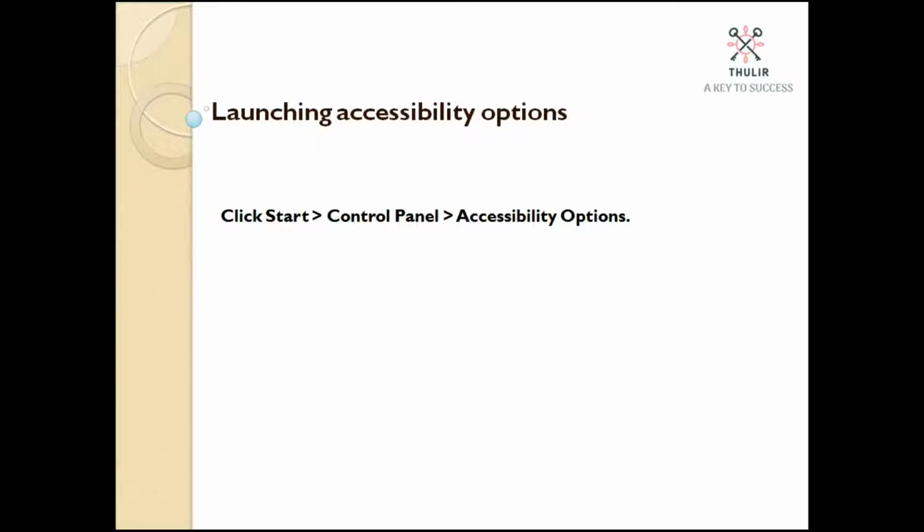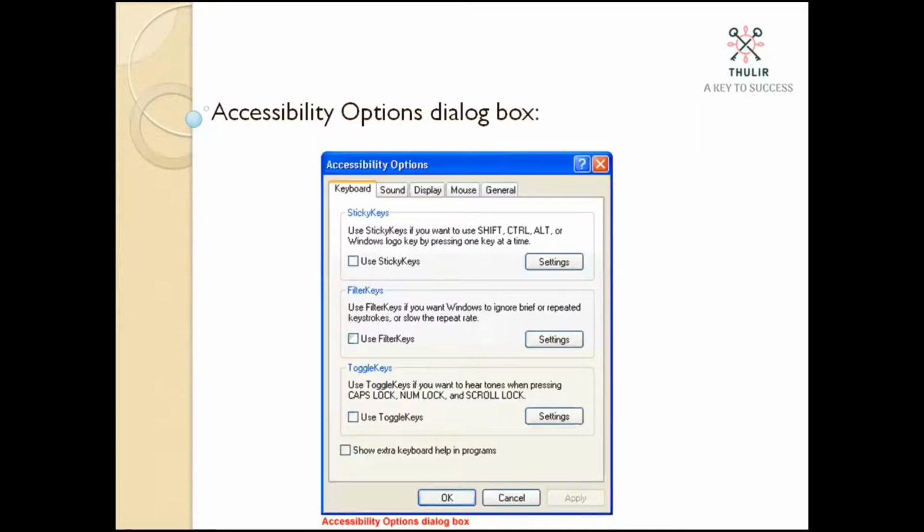So click on Start, move to the control panel and click on the accessibility option. Once you click on that, you will get the dialog box which says accessibility options on the top, and we have 5 tabs under that. First is keyboard, sound, display, mouse and general.